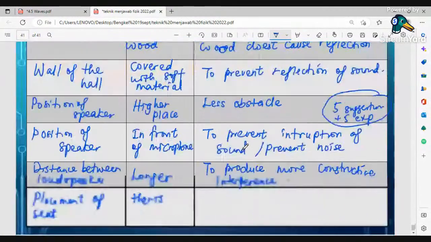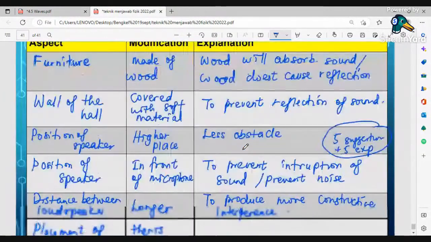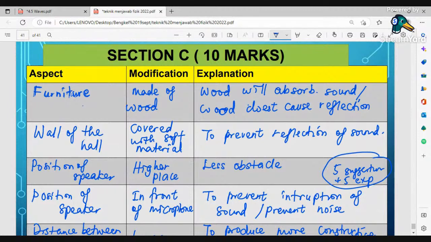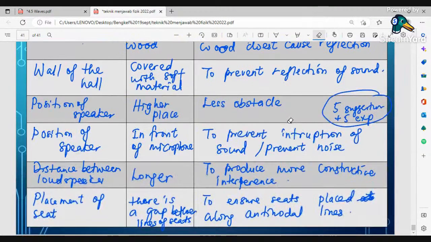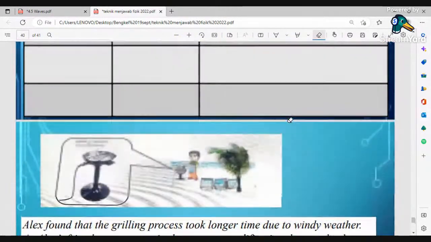Section C. I want to use the same table, so I will rub off this one.